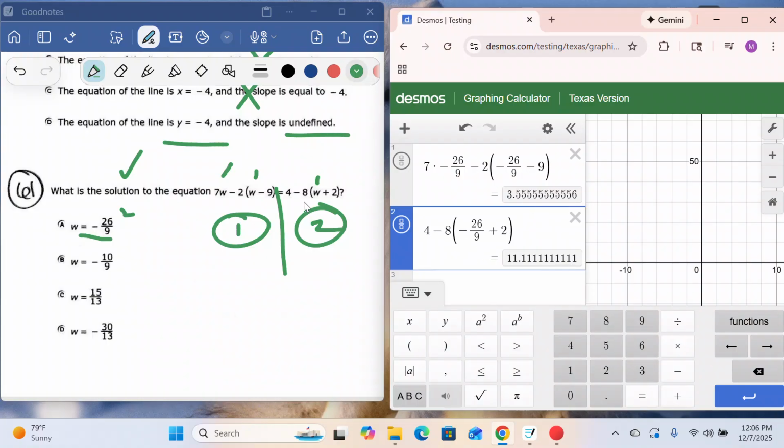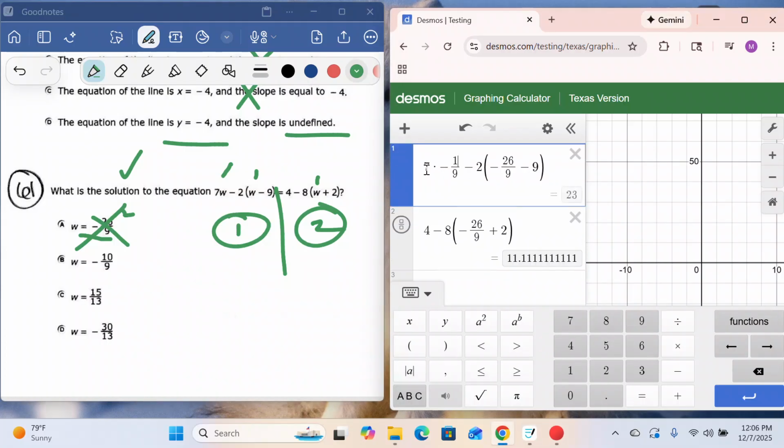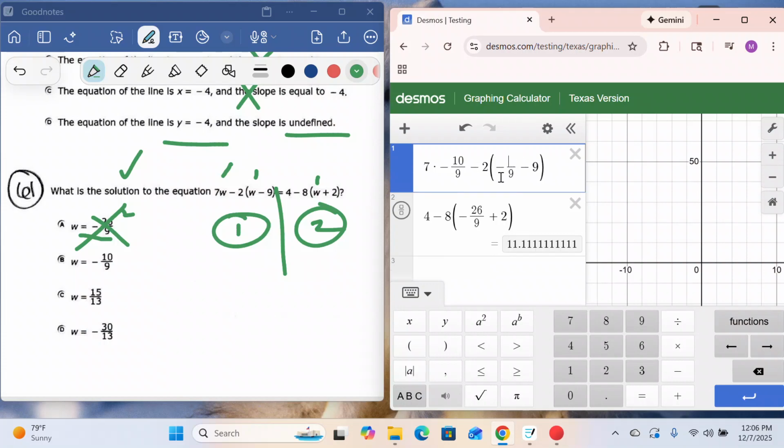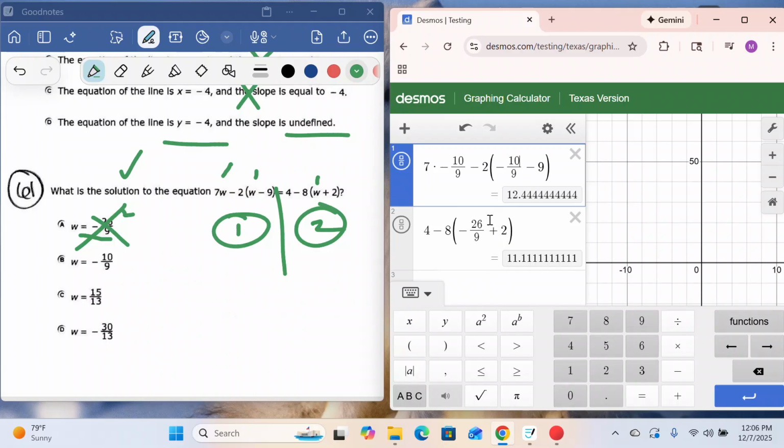So then let me check to make sure that I inputted it correctly, and that is wrong because in order for it to be a solution, it has to be equal. So then all I have to do is replace this one with the next one, and then I'm going to go ahead and try. I'll put 10 over 9, and I'm going to replace the -26 with 10.